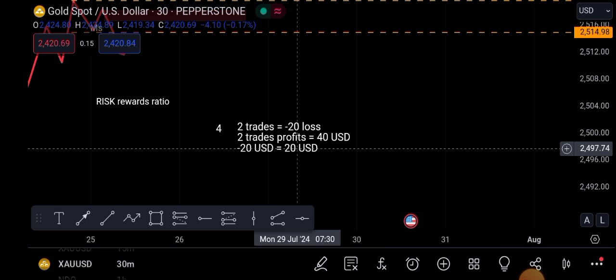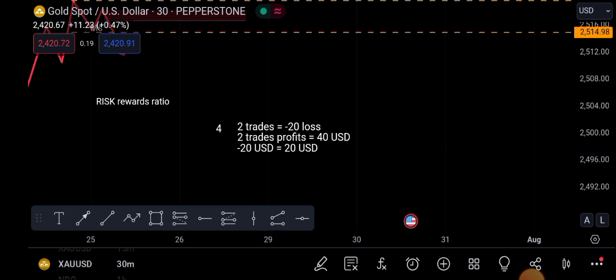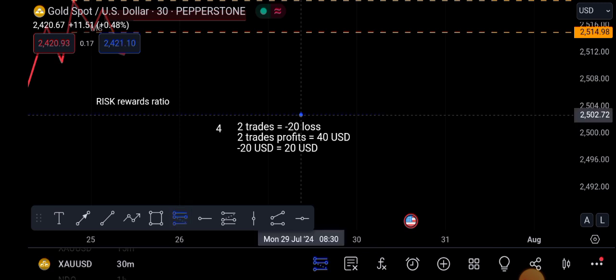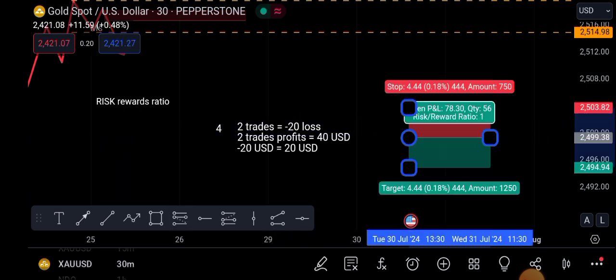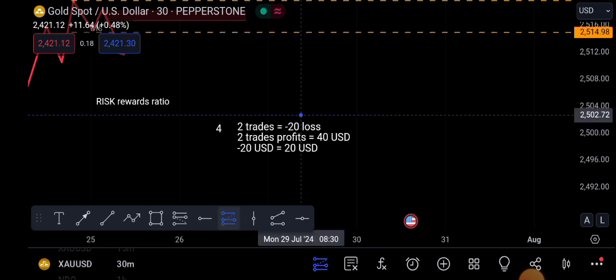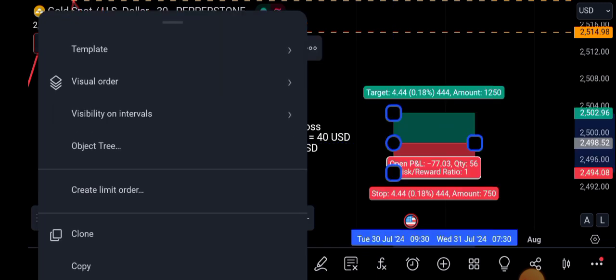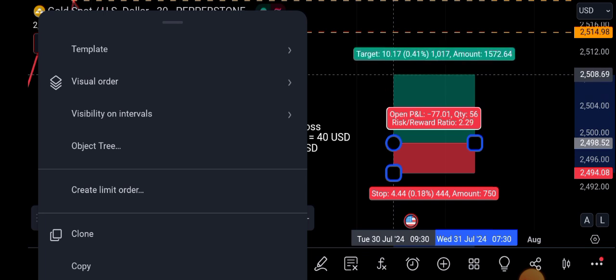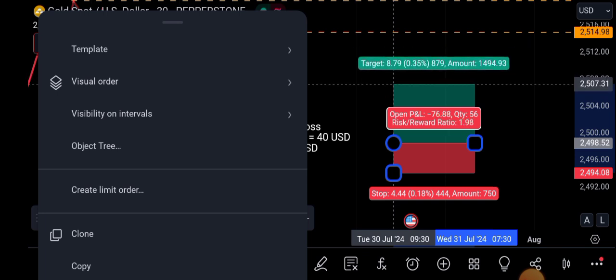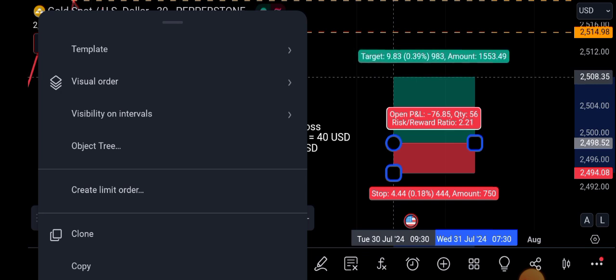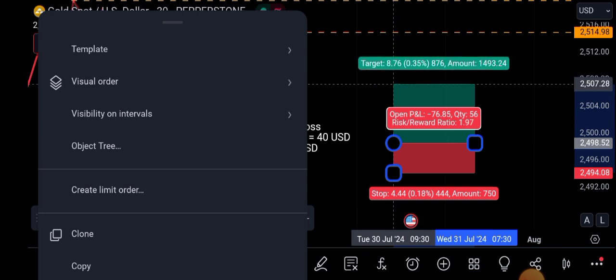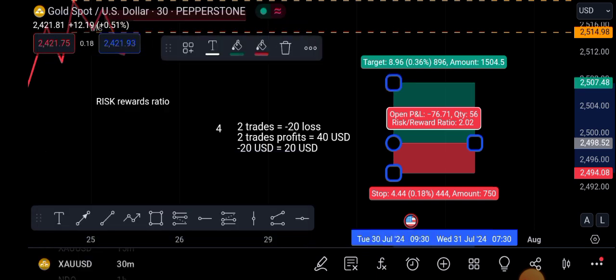So let's look into this risk reward ratio. Let's say you're making use of a risk reward ratio of 1:2, that is you're using one to make two. This is a risk reward ratio calculator.